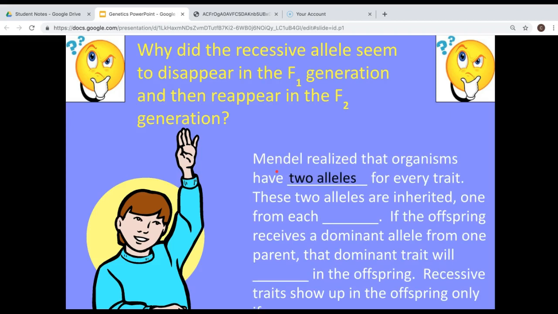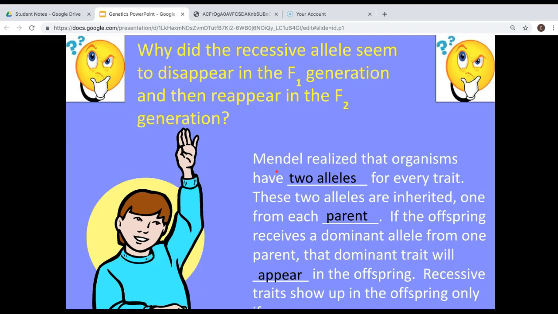So Mendel realized that organisms have 2 alleles for every trait. And these 2 alleles are inherited, 1 from each parent. And if the offspring receives a dominant allele from one parent, the dominant trait will appear.